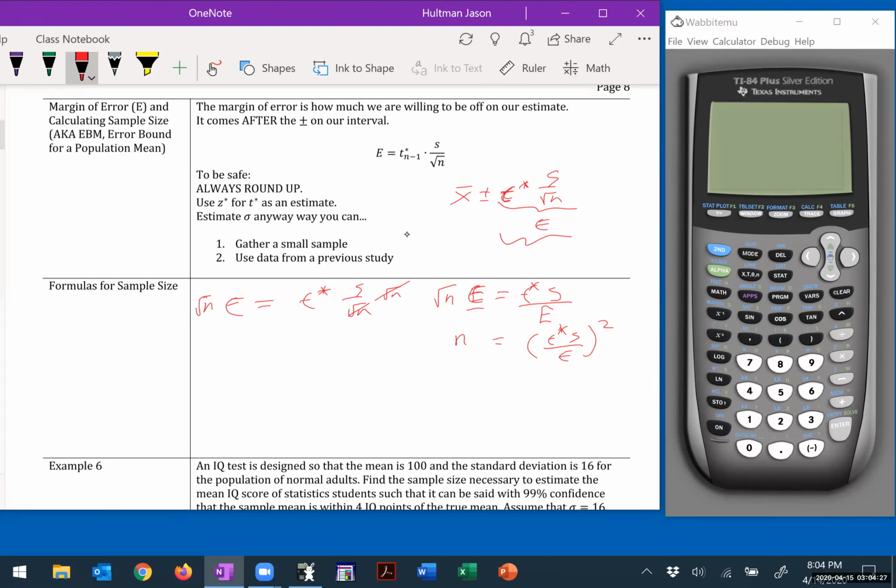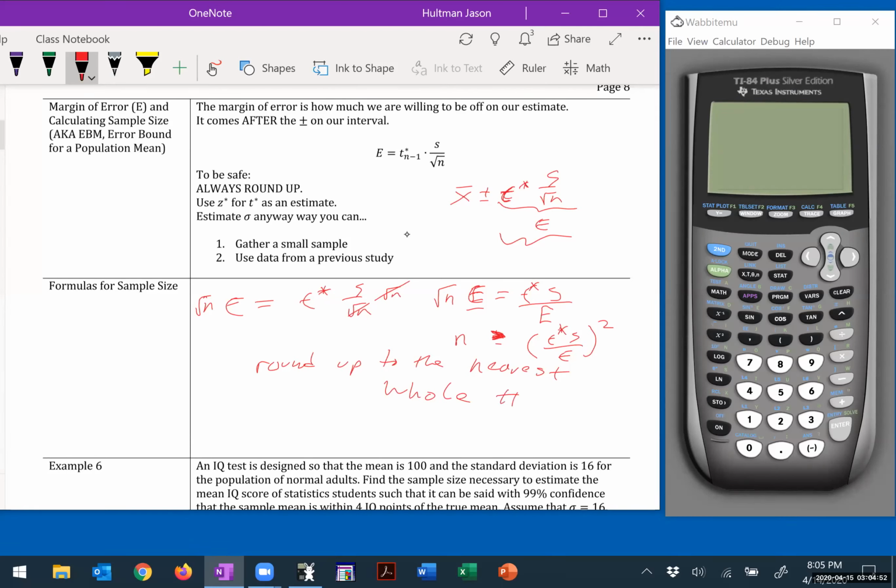And we always want to estimate up and not down, so I'm going to put a greater than or equal to sign here. We always want to round up to the nearest whole number.